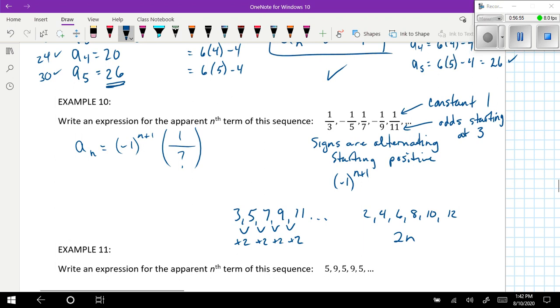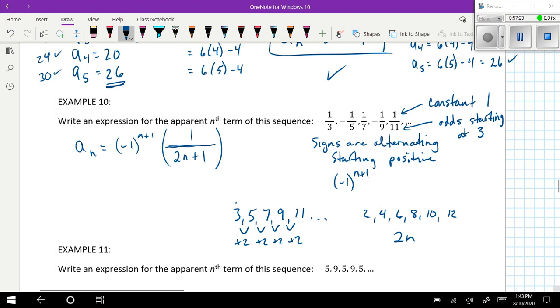So if I wanted a 3, I would do 2n plus 1. If I wanted 5 for my second term, 2 times 2 is 4 plus 1 is 5. All right, so anyway, down here this becomes 2n plus 1.